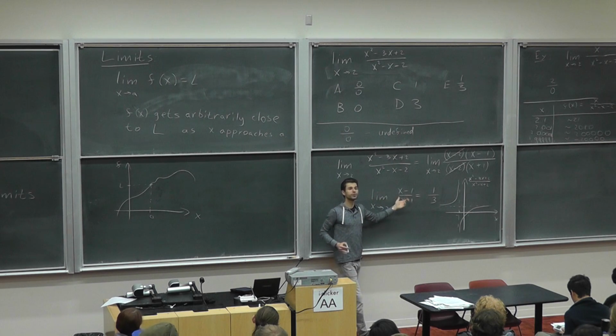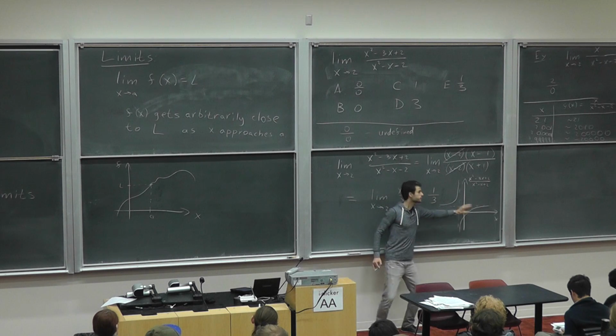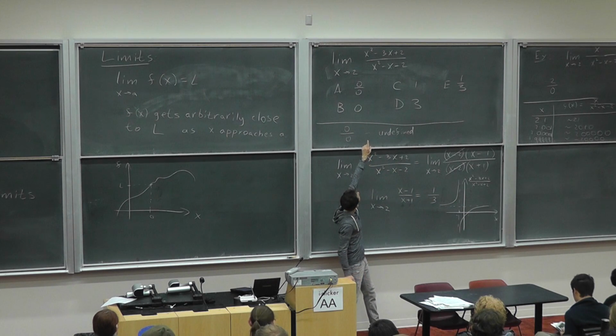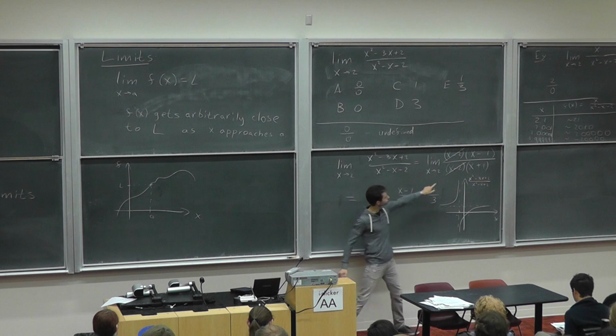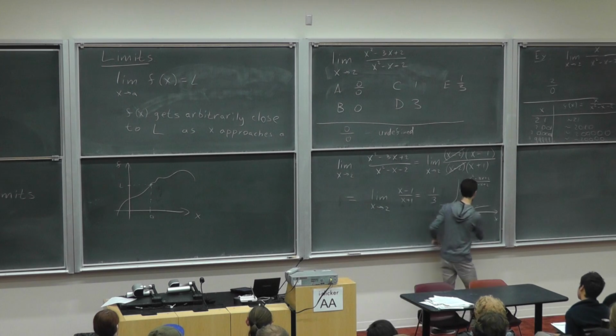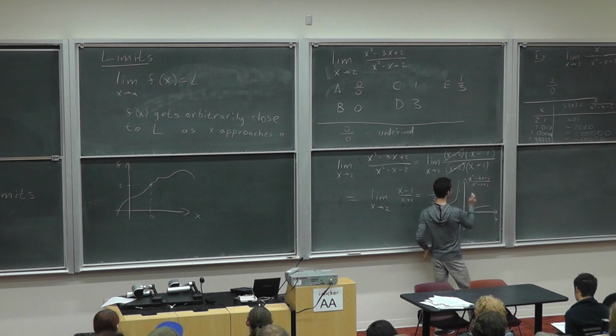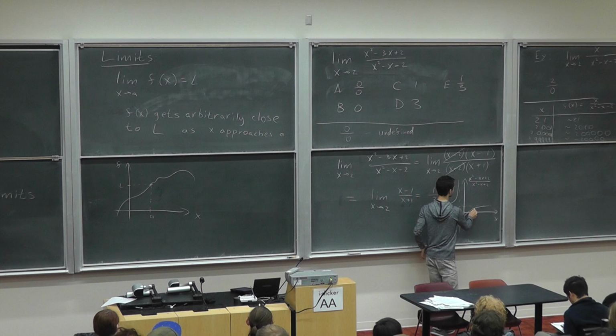It turns out that the graph of this function is somewhat like this, except at one point: when x is equal to 2 exactly, the original function is not defined, but this function which I drew here is defined. So to make it actually a graph of this thing, I will eliminate the point 2 from the graph.